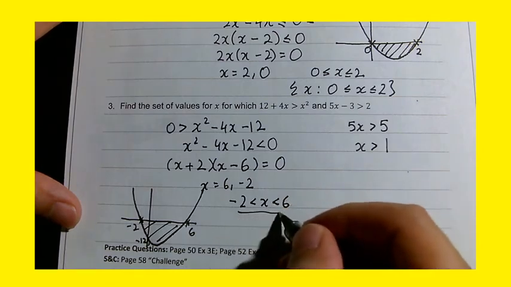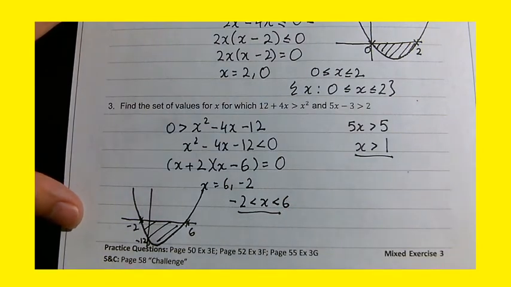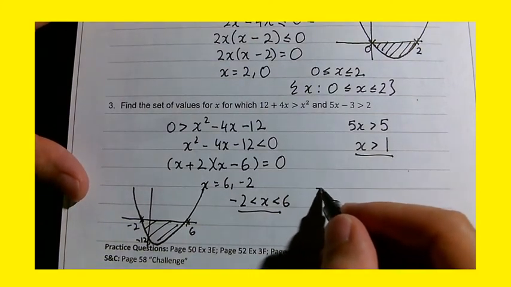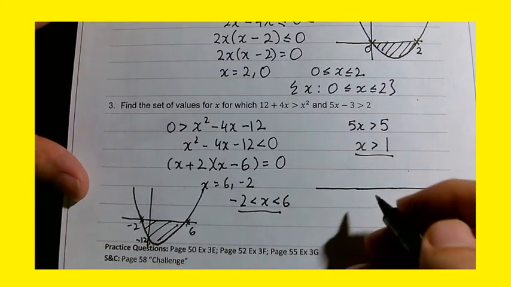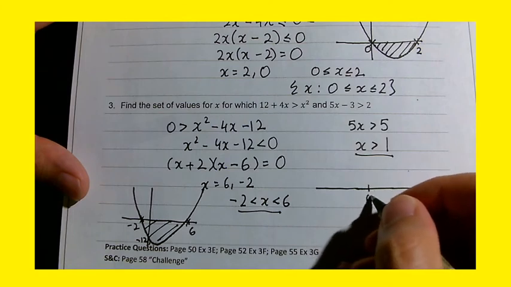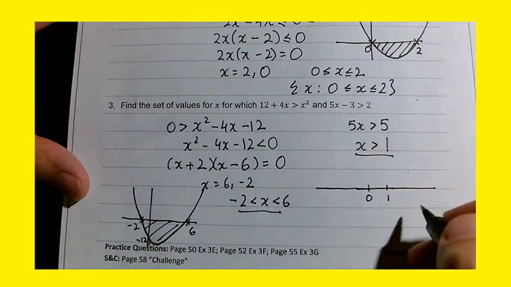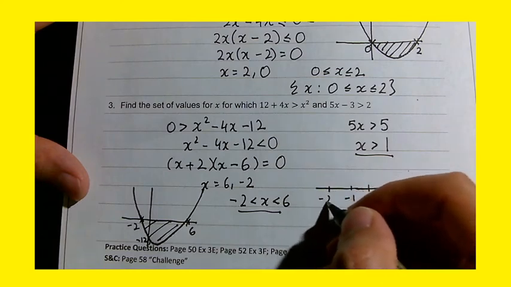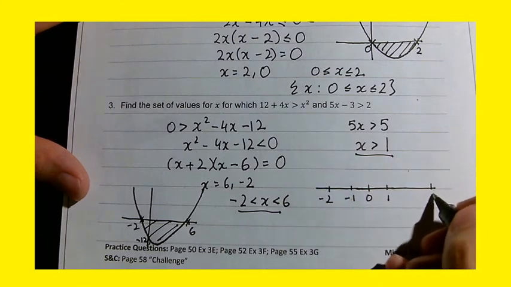Now we've got two inequalities here, and we need to make sure that we have a set of values for x which solves both of them. So I'm just going to draw a number line. I've got 0 in the middle, I've got 1, minus 1, minus 2, and let's say I've got 6 all the way here.